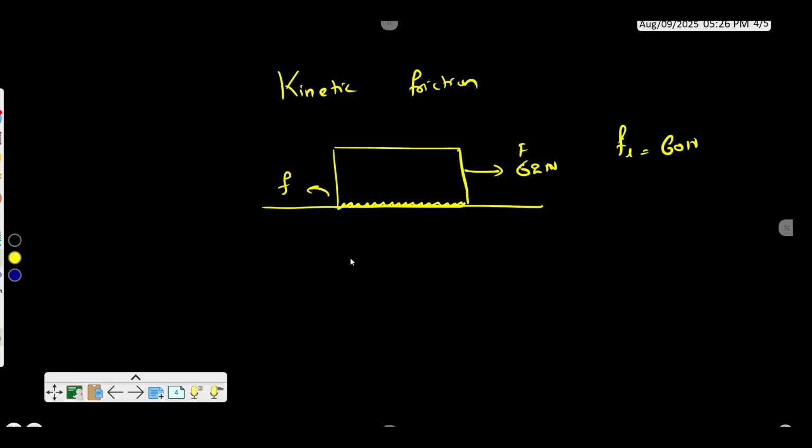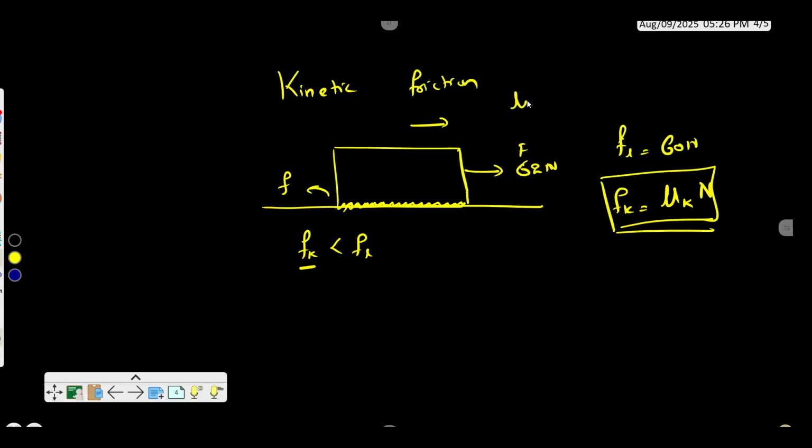Now the body doesn't have time to make contact, so the friction force will be less than the limiting friction. When the body is moving, this friction is called kinetic friction, which is lesser than the limiting friction. It has its own mu value, mu k into normal reaction, and this is a constant value.